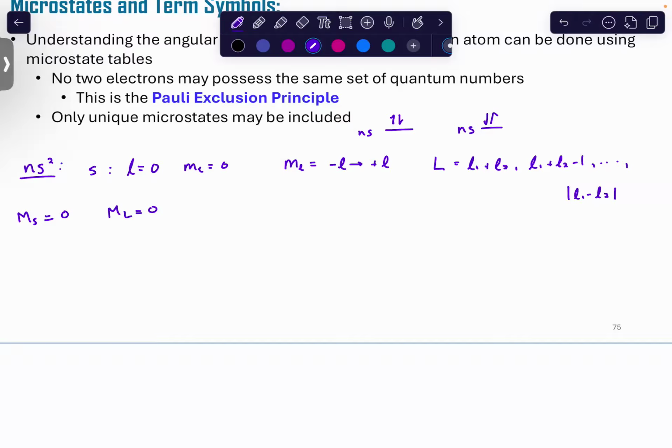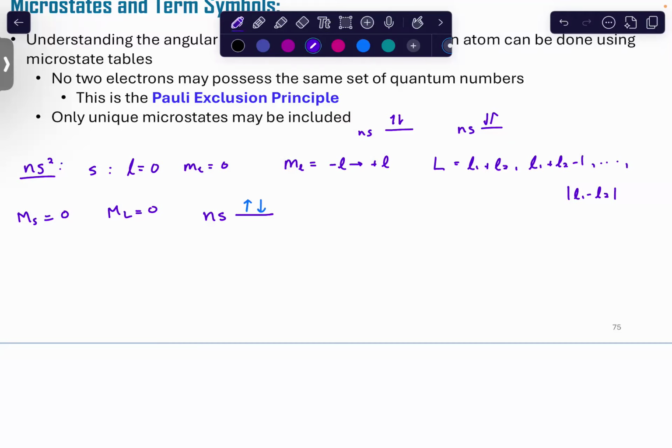But the thing to ask yourself is, what are all the unique ways that these electrons compare with each other? Well, I have my ns orbital. The only possible combination I can have is that one.